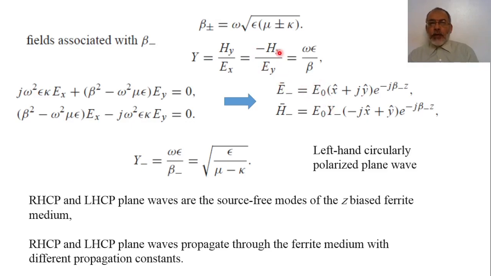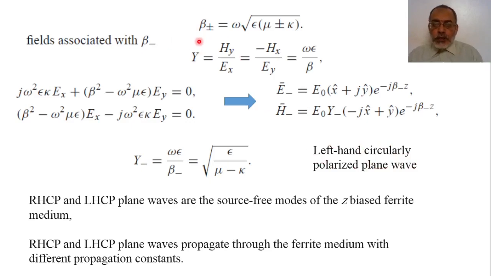So in this case, the value of the X component for the H is minus j E naught multiplied by Y minus, while the value of the Y component would be E naught multiplied by Y minus, and it would be propagating with propagation constant e to the power minus j beta Z. This is actually a left-hand circular polarized plane wave.